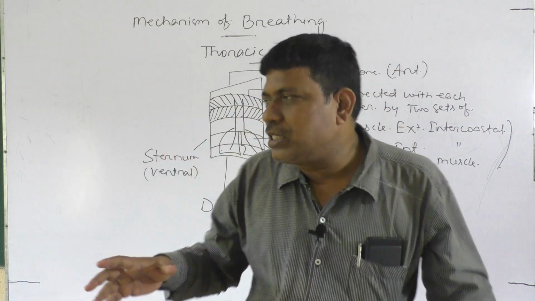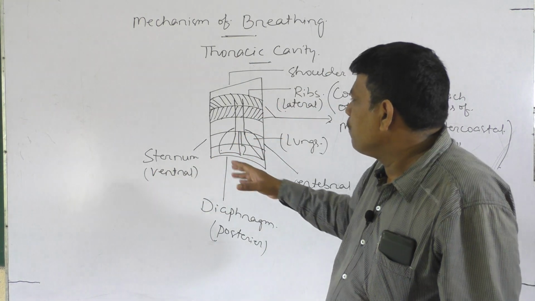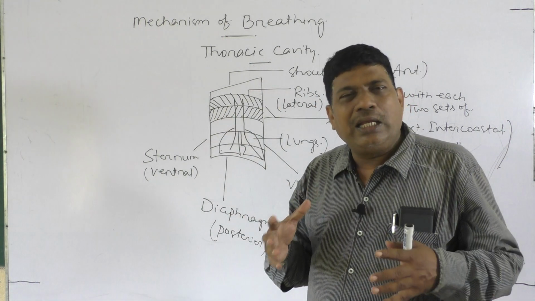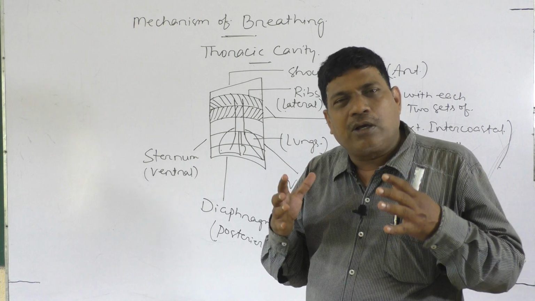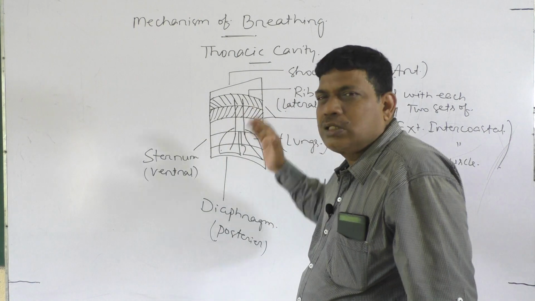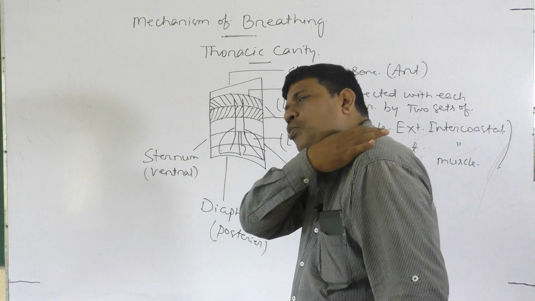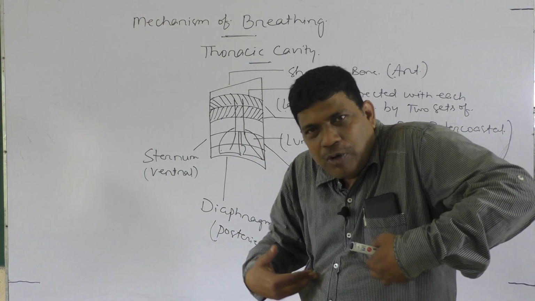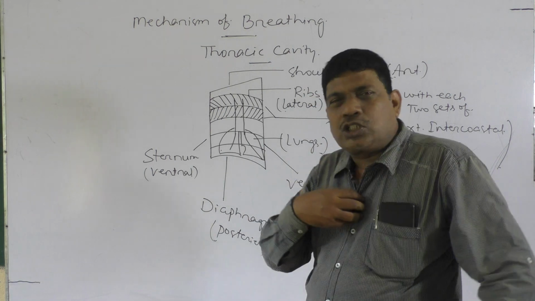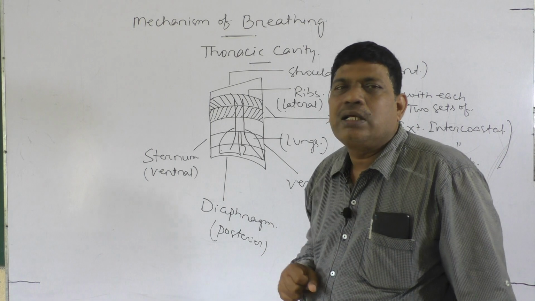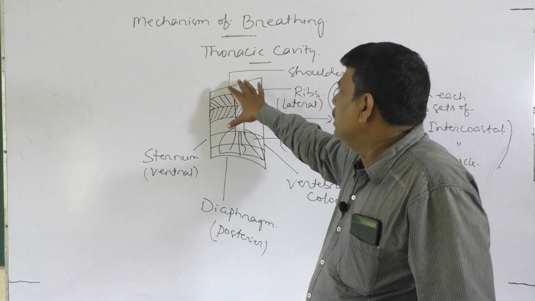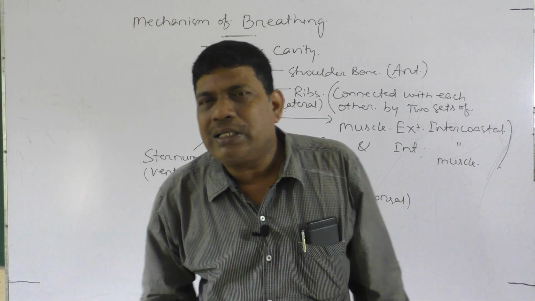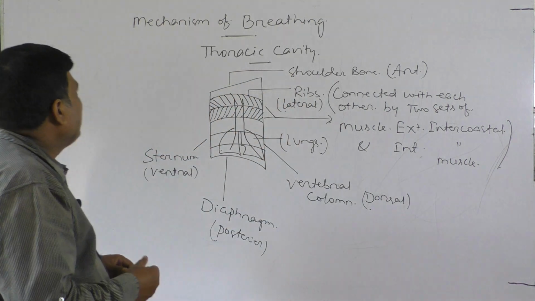That thoracic cavity is formed by the following structure: sternum on its ventral surface, vertebral column, particularly thoracic vertebrae, on its dorsal surface, the shoulder bone on its anterior surface, and the muscular diaphragm on its posterior surface, and to the sternum and vertebral column, ribs are connected with each other by two sets of muscle, and inside which one pair of lungs remain airtight. So that is thoracic cavity.